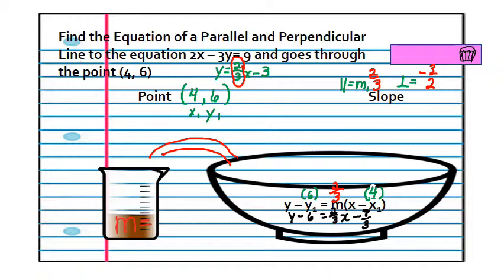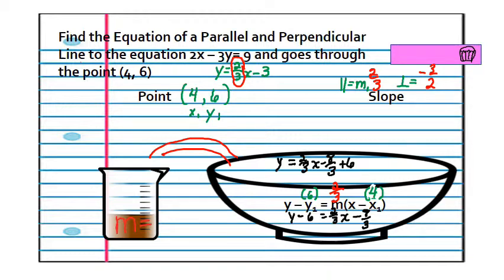And then we're just going to get the y by itself again. I'm going to move a little bit to the top of the bowl here, so just keep with me. y is going to equal 2/3x minus 8 over 3, and we're going to add the 6. Jump the fence, change the sign.